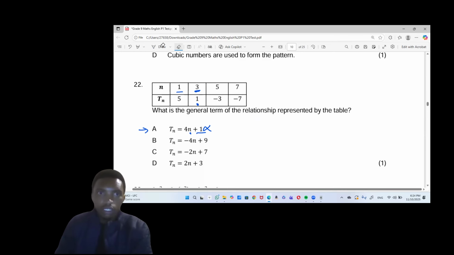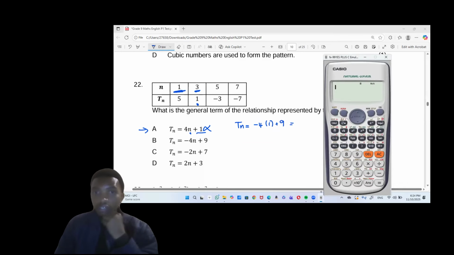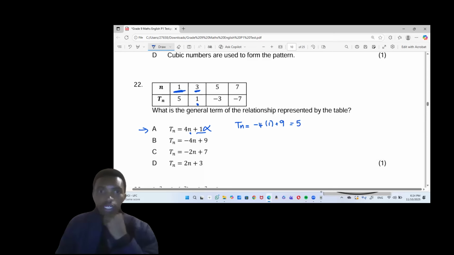So for B, we take this one, we have Tn is equal to -4. At the place of n, I'm going to start from scratch again. You put 1 plus 9. How much do we get? Do we get a 5? Yes, we get a 5. And then let's check when you put a 3, how much we get. We have -4, open bracket, 3 plus 9.